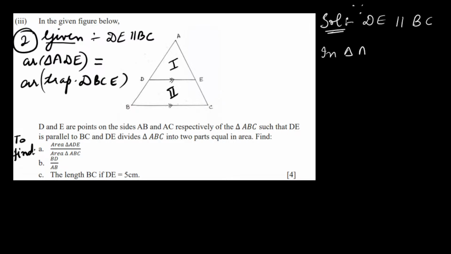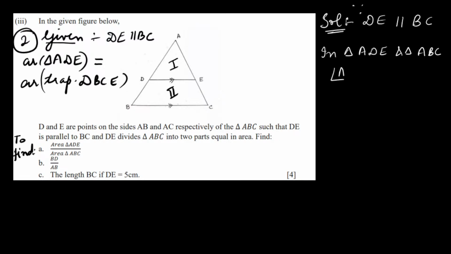in triangle ADE, or directly also you can write like I have told you, these two triangles will be similar to each other. So I'll just write, triangle ADE and triangle ABC. By angle similarity, these two are similar.